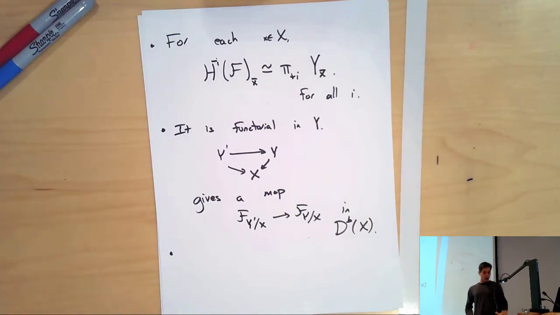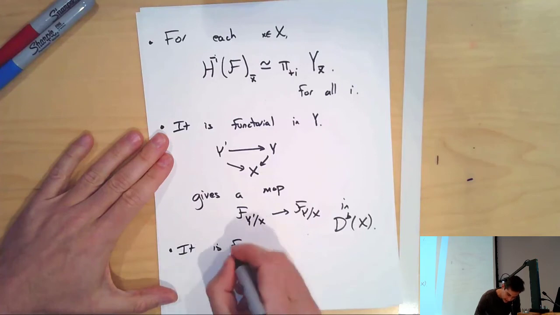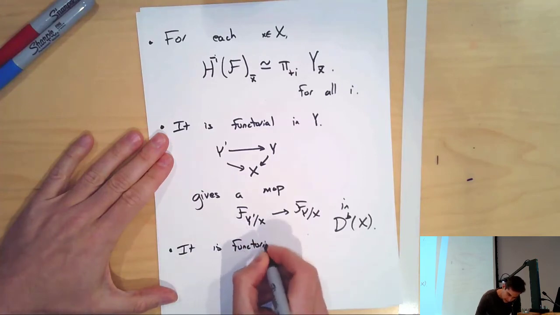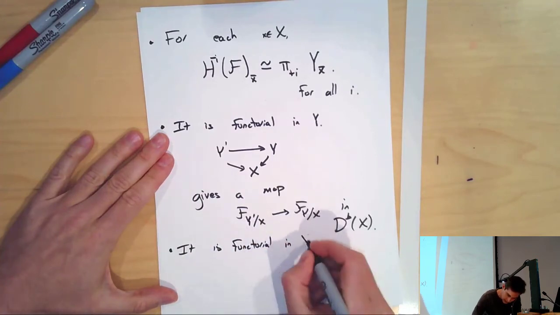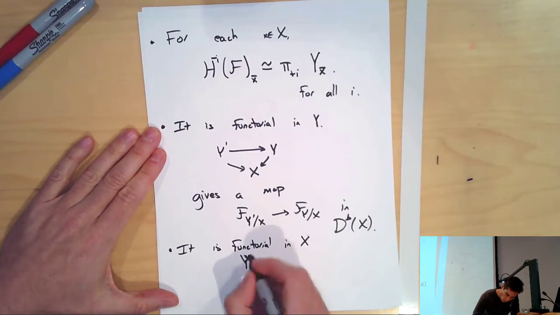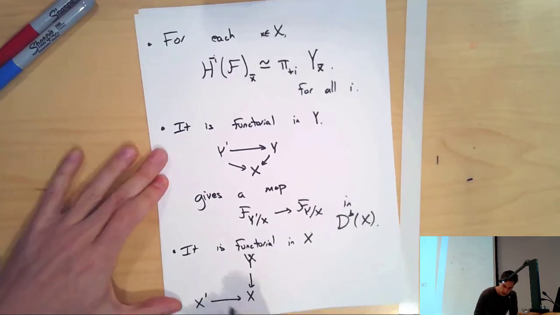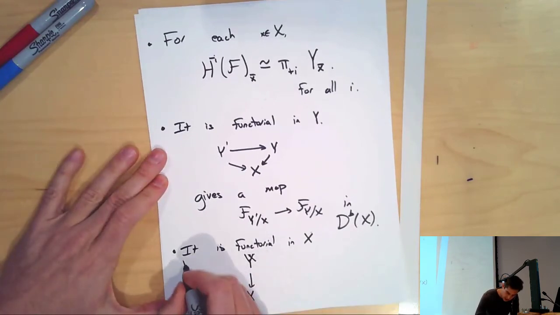And I also want to say that it is functorial in X, in the following sense. Let's suppose that I have some Y mapping to X satisfying these nice conditions, and I have some X' mapping to X, and then I form the pullback.